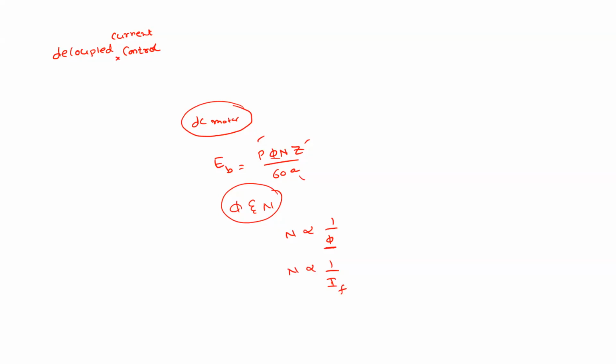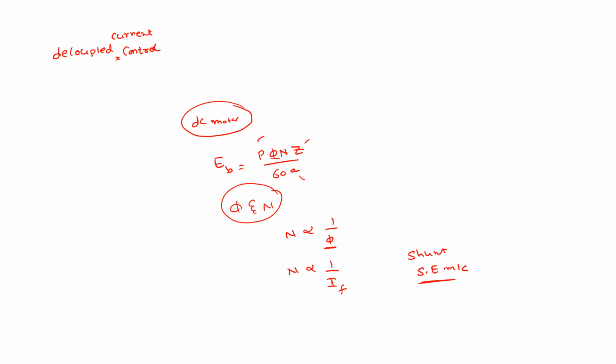Let us assume that it is a shunt machine or a separately excited machine. In a shunt machine, the field is usually constant, and for a separately excited machine it is always constant, since the field is excited with a separate supply. So the relation is N proportional to 1 by phi.